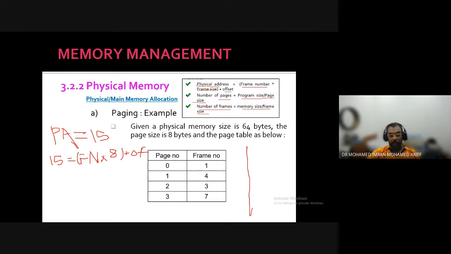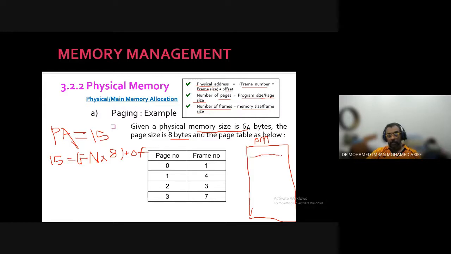So this is what I'm drawing here: your physical memory. As I mentioned just now, the size of the physical memory is 64, and each frame size is 8. So you have to draw it from 0 to 7.